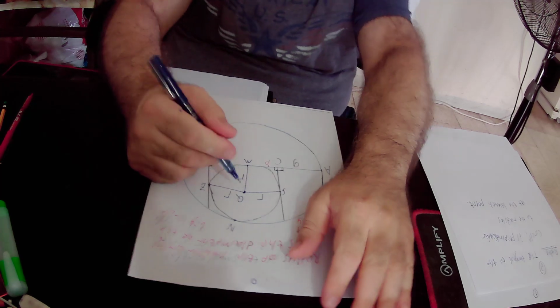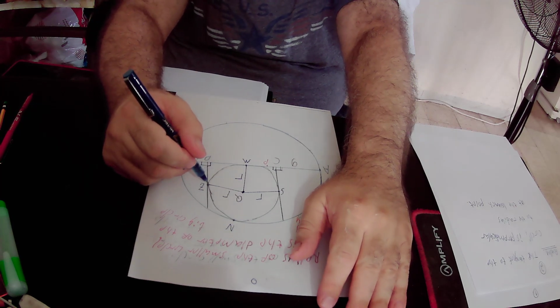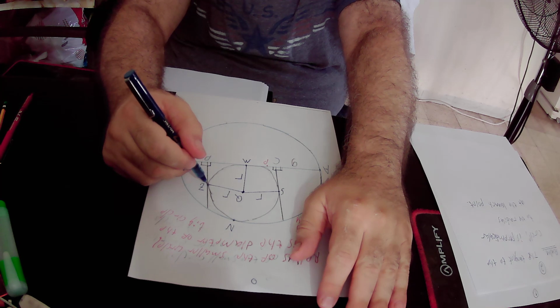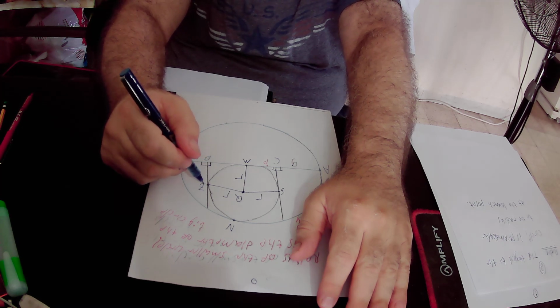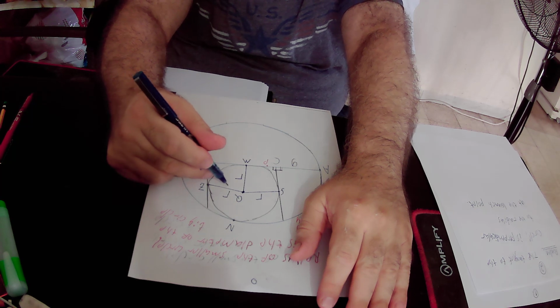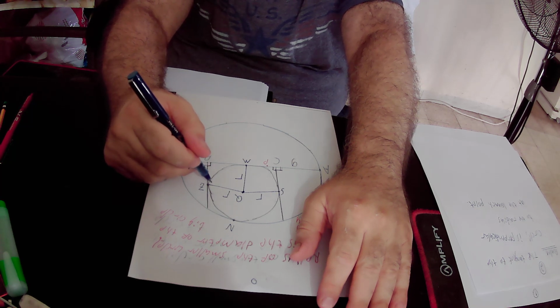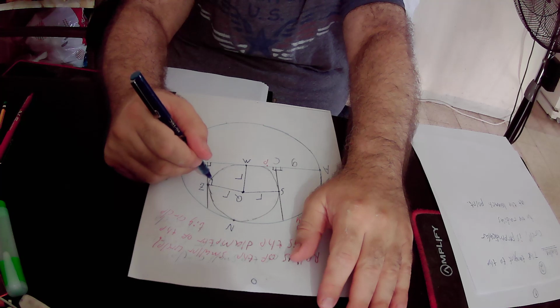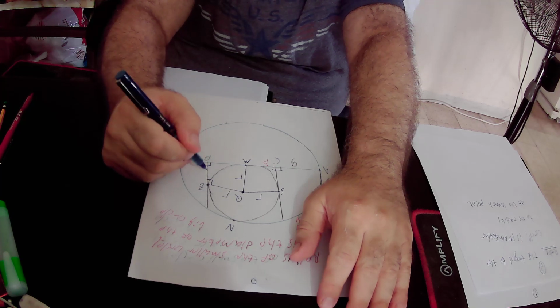For example, this radius is drawn to the launch point, actually it touches the launch point, that is point Z, therefore this radius is perpendicular to the tangent. This is a right angle.